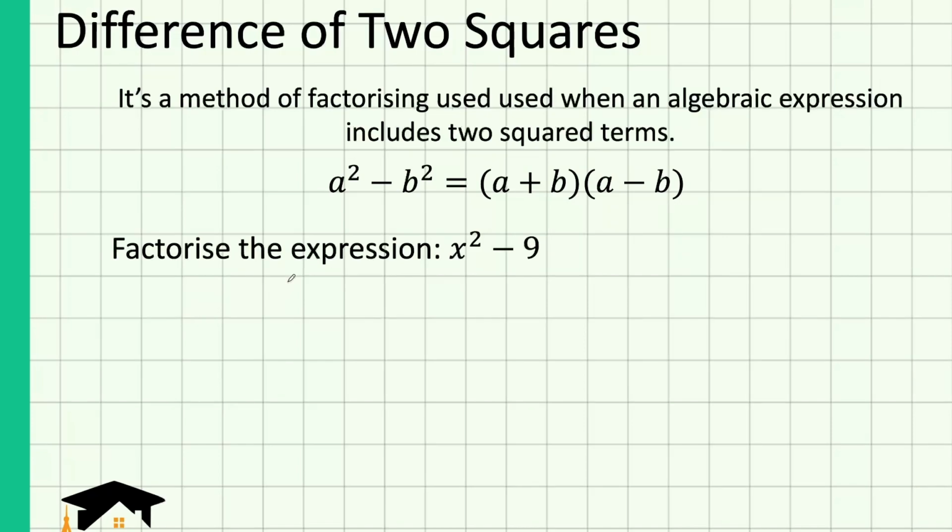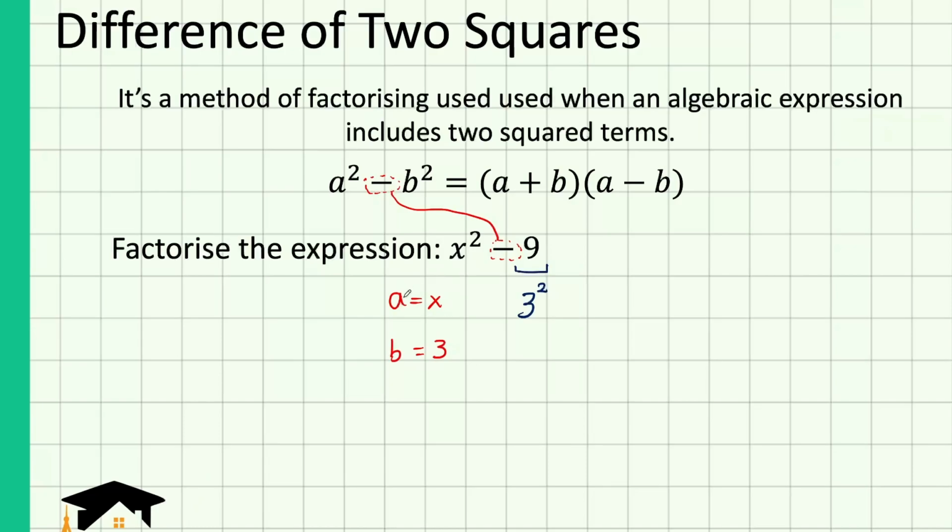For example, if we have x squared minus 9, what we realize is that 9 is actually 3 squared. And so in this case a will be equal to x and b will be equal to 3. Remember that here we have a minus, but the same minus we have here. So b is 3 and not minus 3.